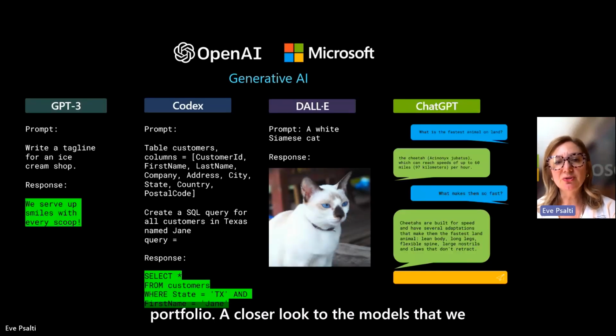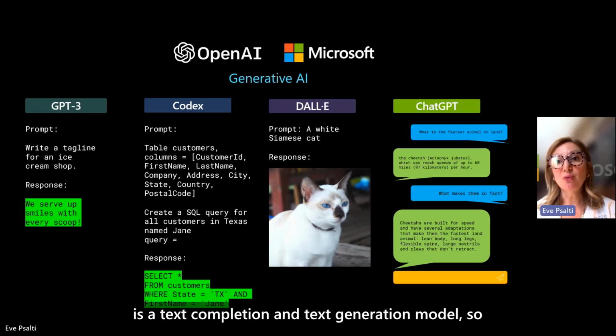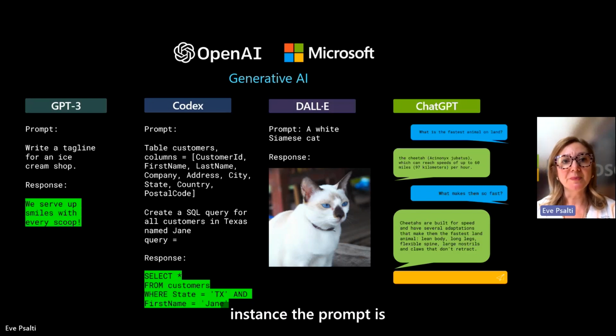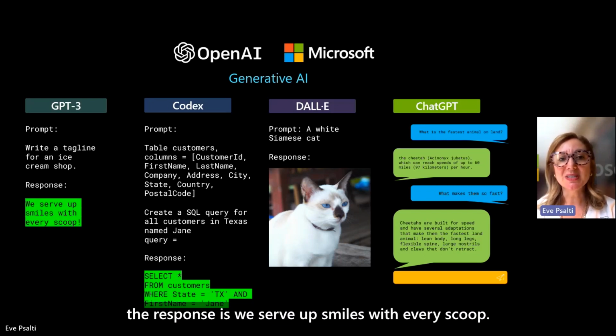A closer look at the models: GPT-3 is a text completion and text generation model. So it can understand and generate natural language. In this instance, the prompt is saying, write a tagline for an ice cream shop, and the response is, we serve up smiles with every scoop.